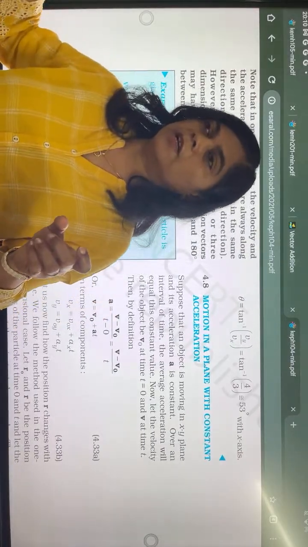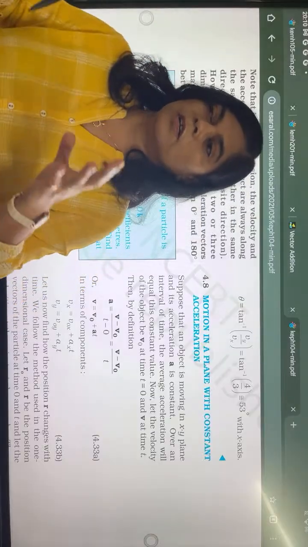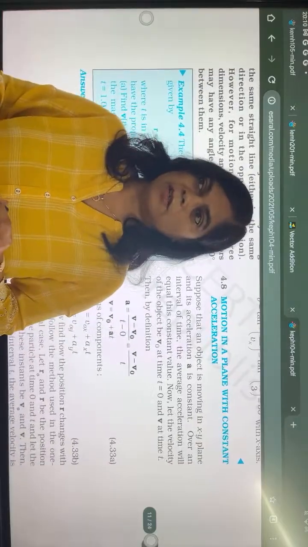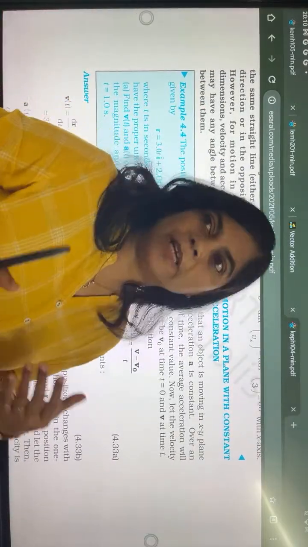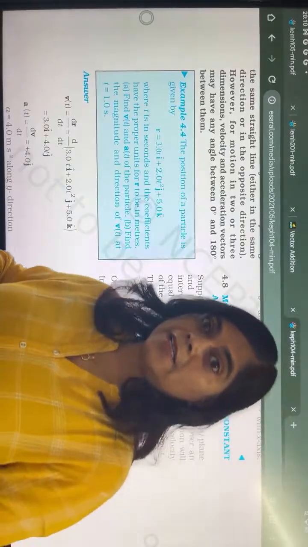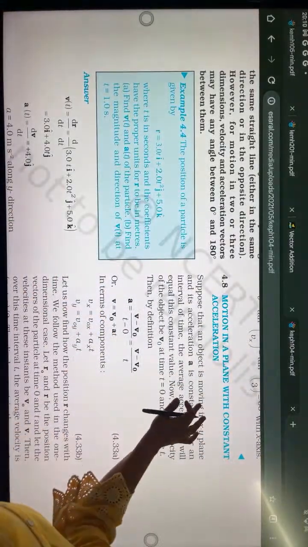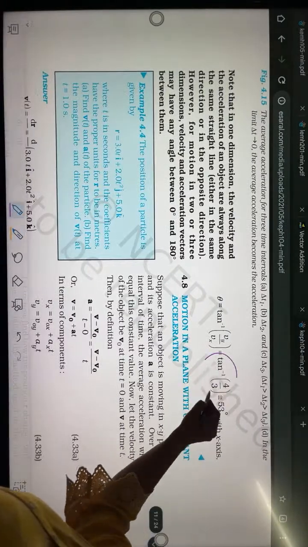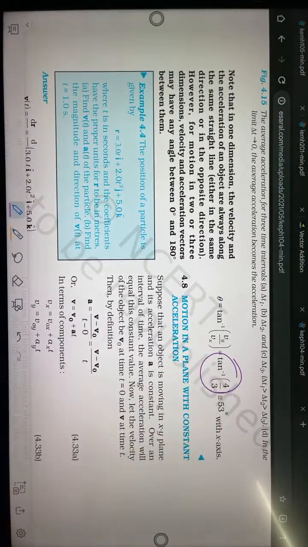You can't find it by any other mathematical method. That is the table. You will be given it as a hint, or else you simply leave it like this. Okay? The answer will be like this. Got it?